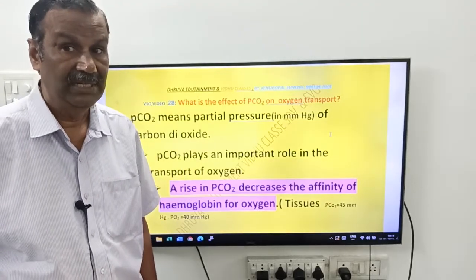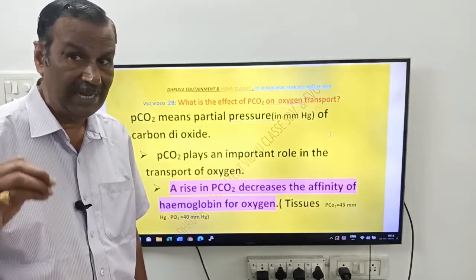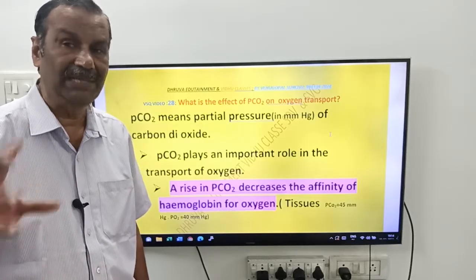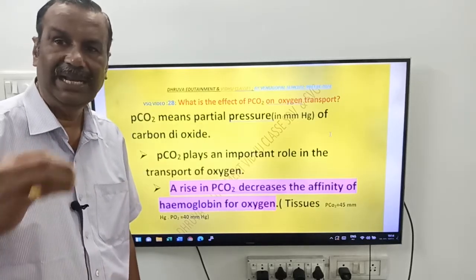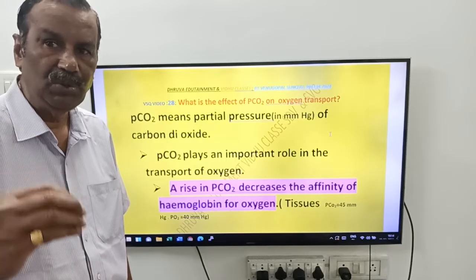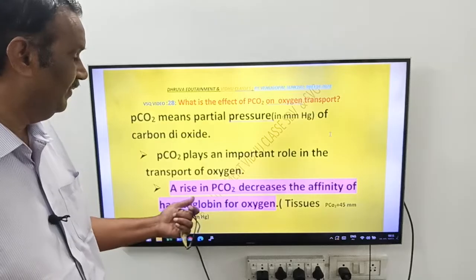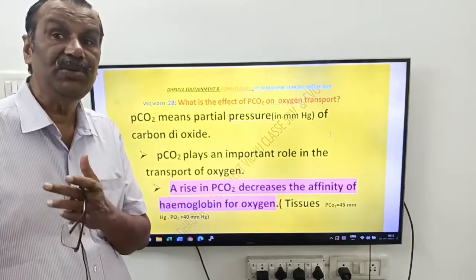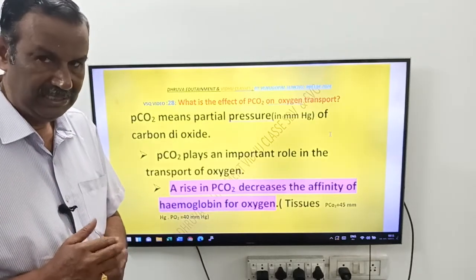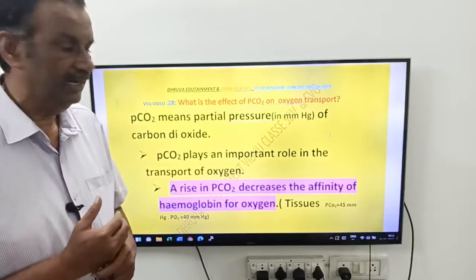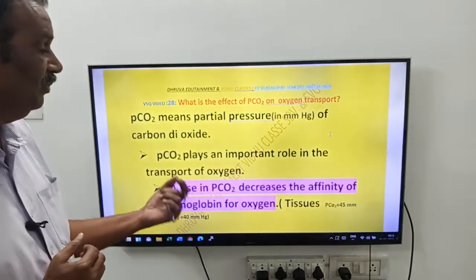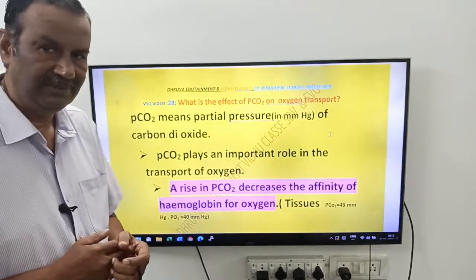Once again, if partial pressure of carbon dioxide increases in the blood, hemoglobin shows less affinity to oxygen.